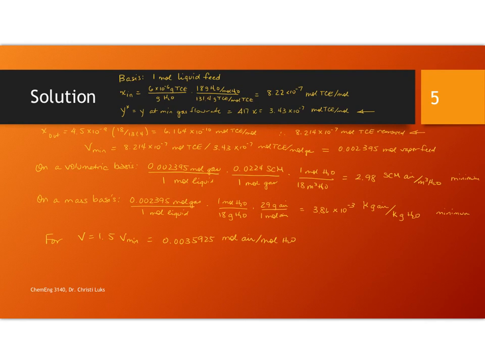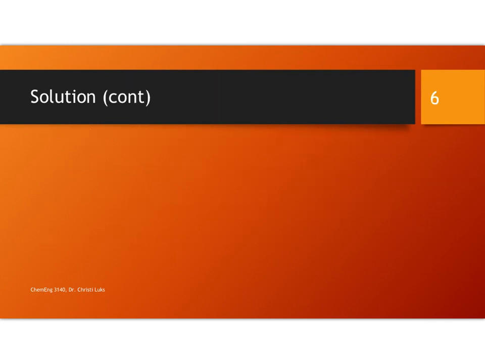I'm going to switch to a clean piece of paper. And so Y coming out is going to be the moles removed over the gas flow rate, which is, in this case, 0.00002286 moles of TCE per mole of gas.